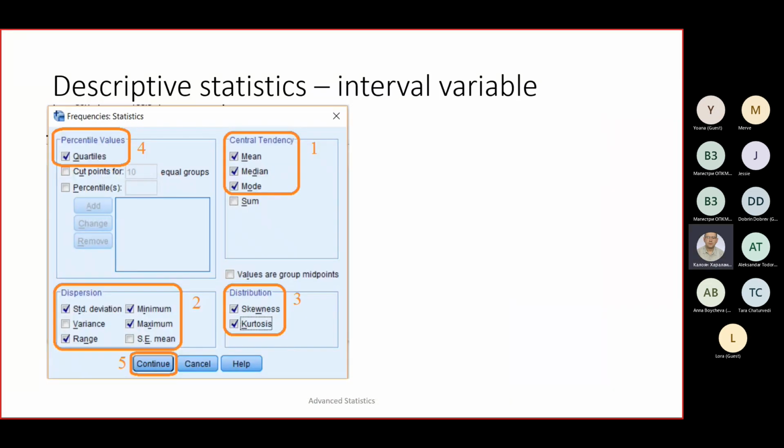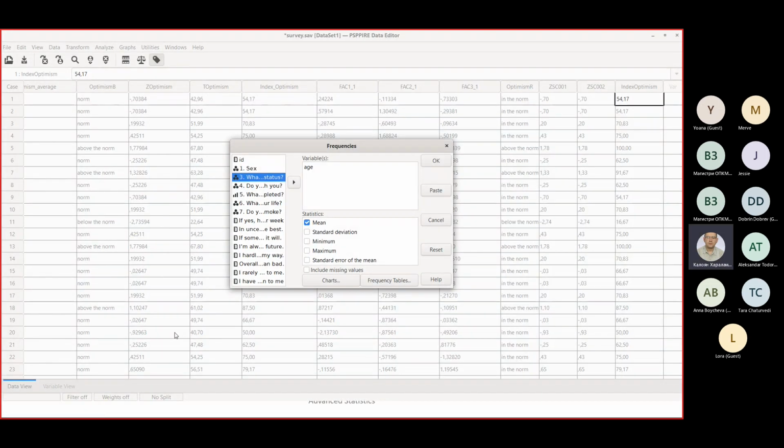The next group are the measures or descriptive statistics for dispersion. And here we have standard deviation, range, minimum, maximum. I will choose them in PSPP: standard deviation, minimum, maximum, range here.